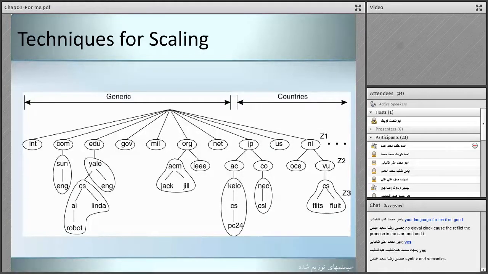In that server, the next part of the name is ac, imamreza.ac.ir. So you connect to the server of ac, and in that server you will find where the Imam Reza website is. It is DNS, domain name server, or decentralized naming service.